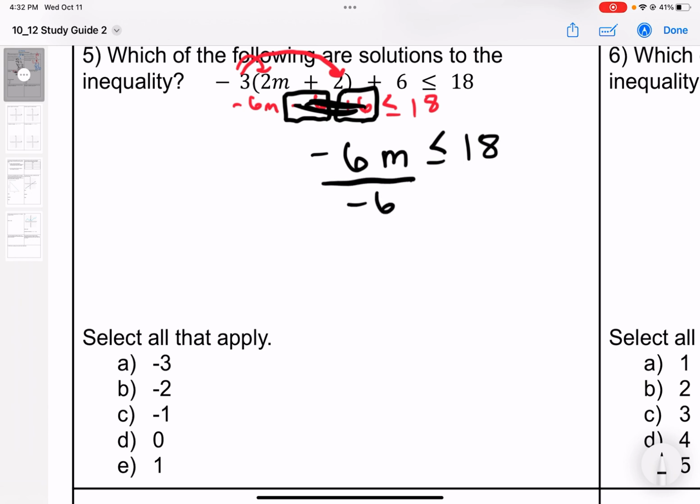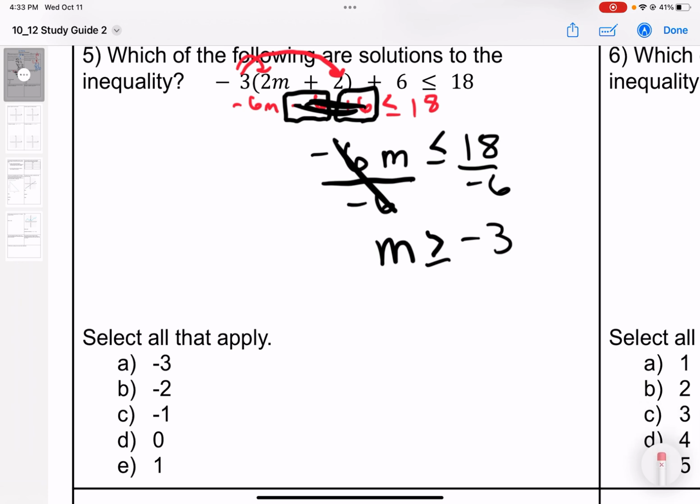I divide each side by negative 6 to get rid of the coefficient. These cancel. I just divided by a negative. I must flip the sign. I get m is greater than or equal to negative 3. So which of these answer choices are greater than or equal to negative 3?